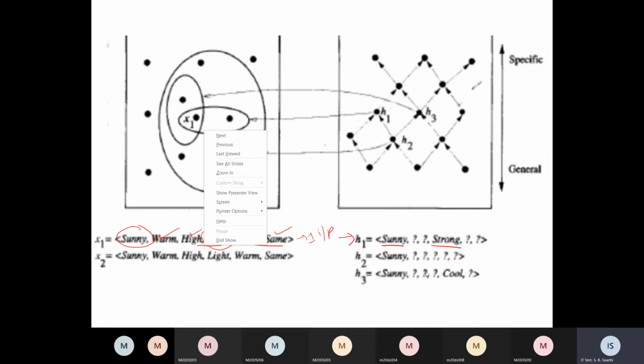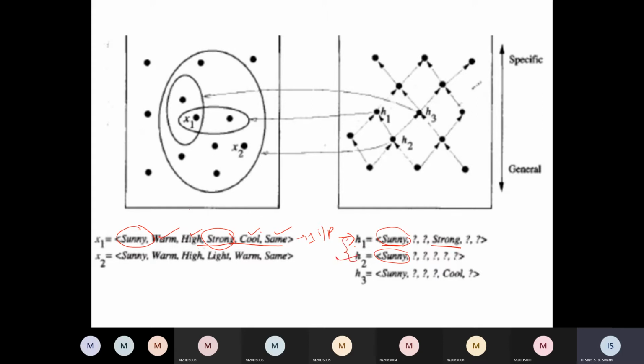If you observe the second hypothesis H2, Sunny is fixed here, and in H1 also Sunny is fixed. That means whatever input is accepted by H1 is also accepted by H2. Do you agree with this? Students, do you agree?